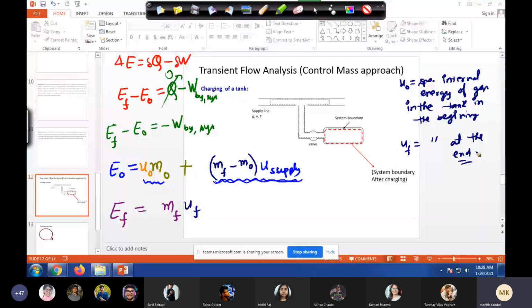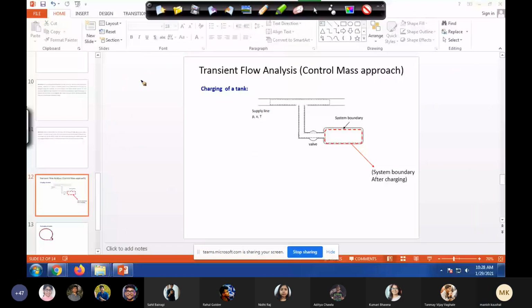So open a new page. If we go to the first law, it says that EF minus E naught is W to minus W by system. So let's place it.